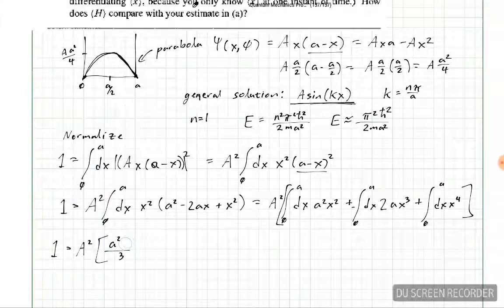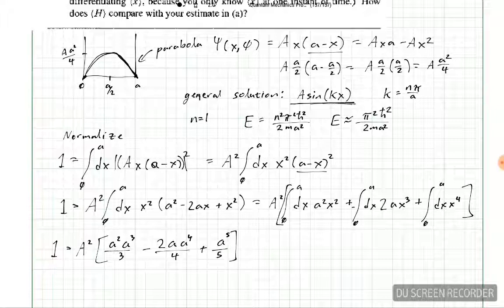And now that would be from the limits from 0 to a, so I'm just going to go ahead and write that as a to the 3rd. Then I have minus 2a, and then we have x to the 4th over 4, so that's a to the 4th over 4. And then I have plus just the integral of x to the 4th, so that's x to the 5th over 5.